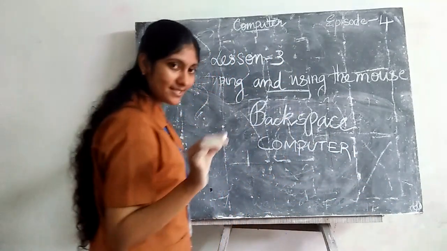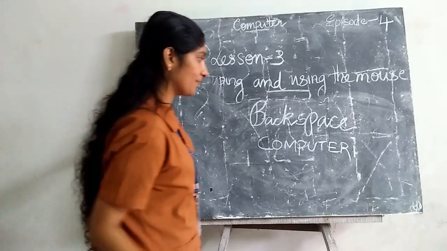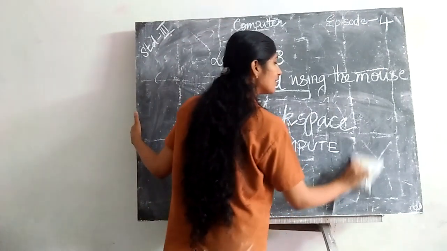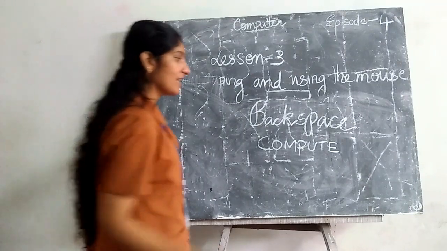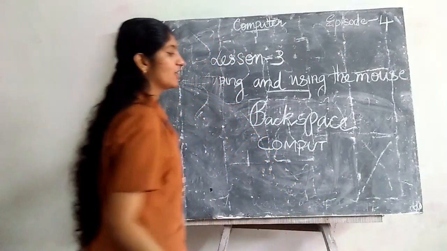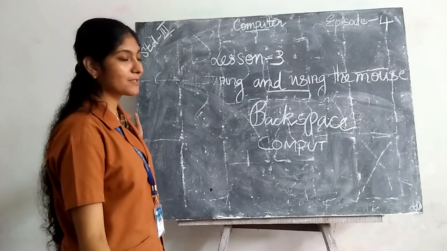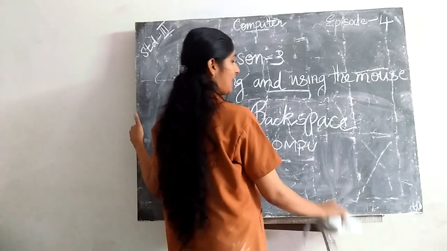So when we press the backspace key, the R will be erased. When we press the backspace key again, E will be erased. When we press it again, T will be erased.